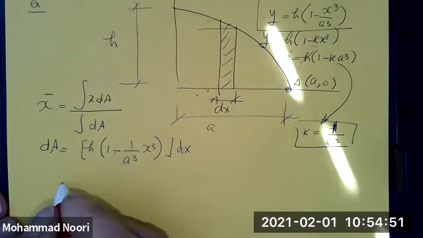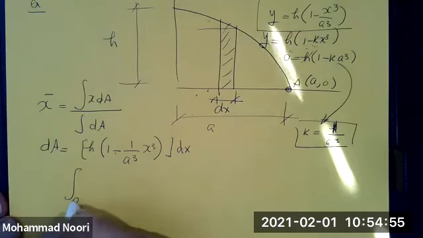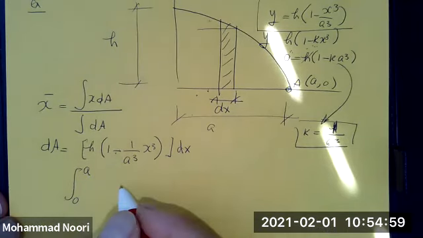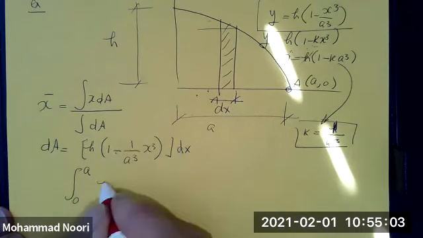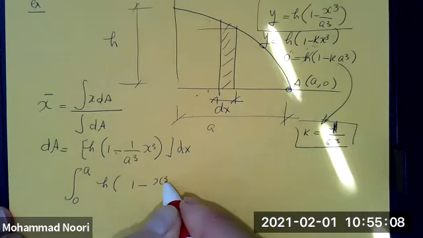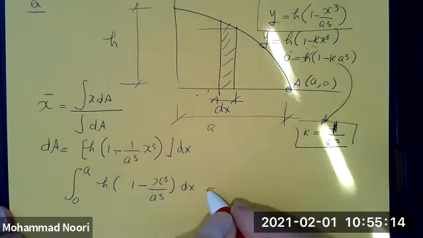All right. So now you need to integrate that from 0 to a. If you integrate this from 0 to a, you have h times 1 minus x cubed over a cubed dx, and that'll give you what?